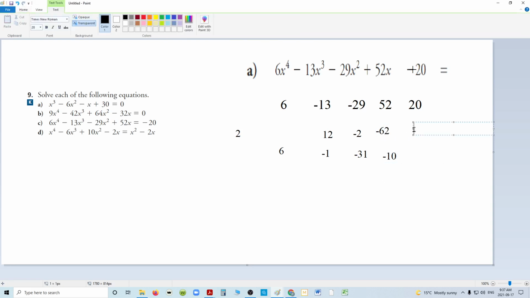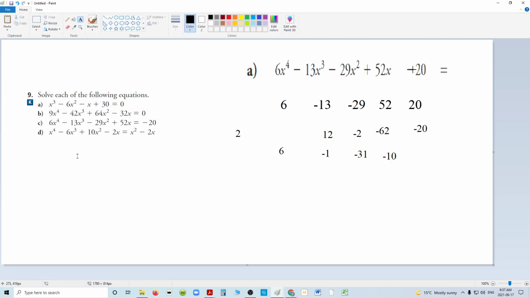Got it. So that means x minus 2 is a factor.